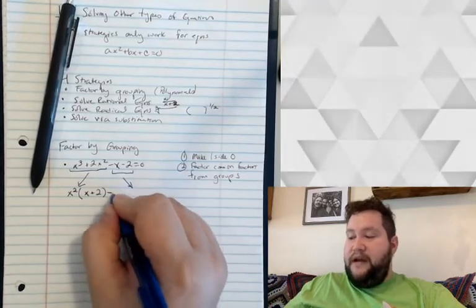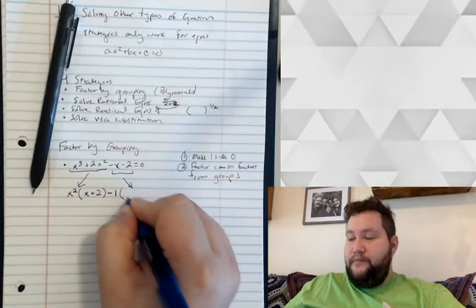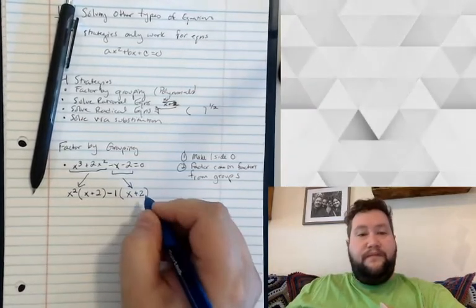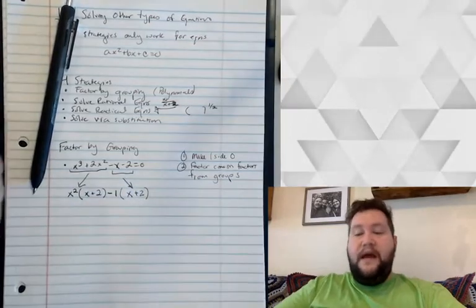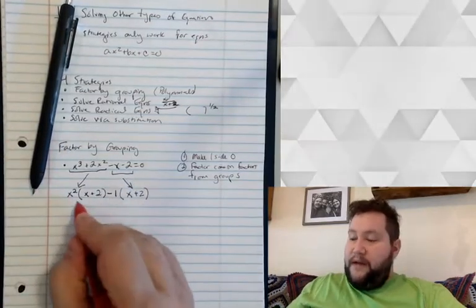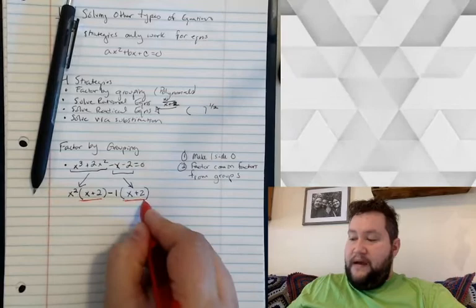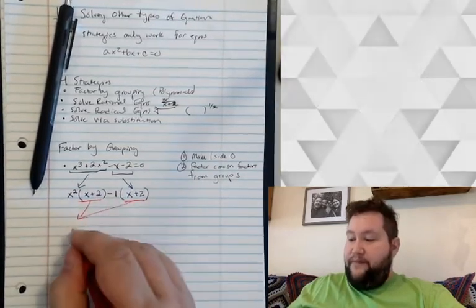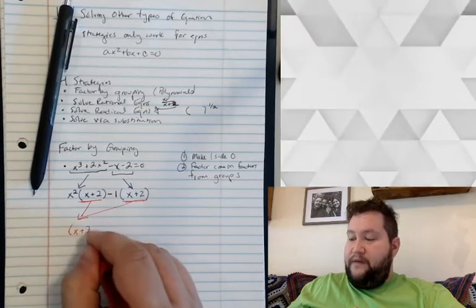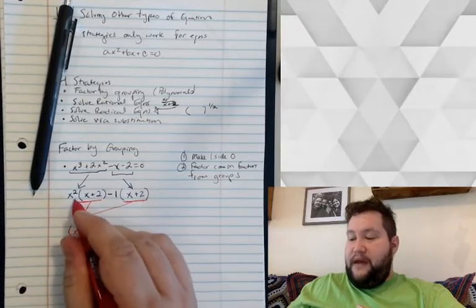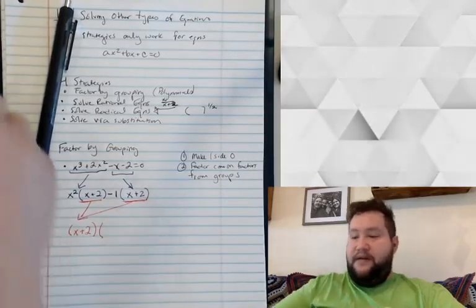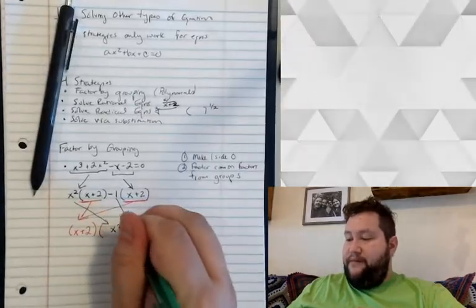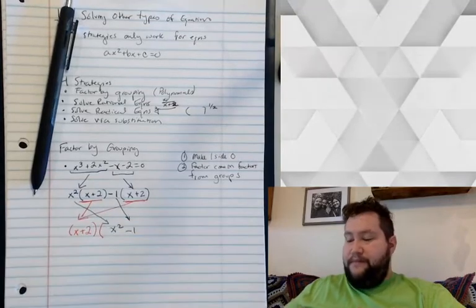So if I factor a negative 1 out, I'm left with x plus 2. And so notice now, we have an x plus 2 and an x plus 2. And so we can factor out x plus 2, and then we're left with an x squared minus 1.